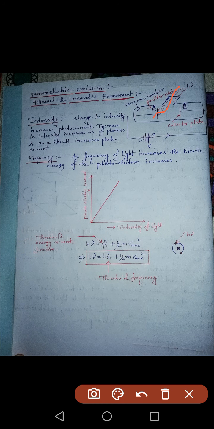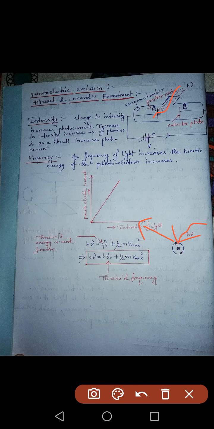Now suppose light of suitable frequency is allowed to fall on the plate. This metal plate consists of atoms. When a light ray falls on an atom, it strikes out an electron from the atom, and the electron comes out and contributes a current in the circuit.